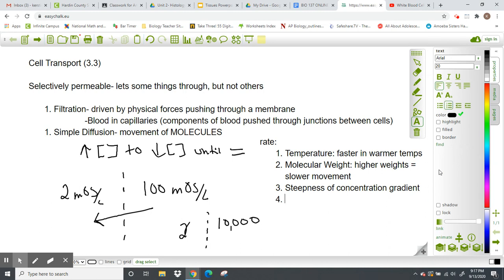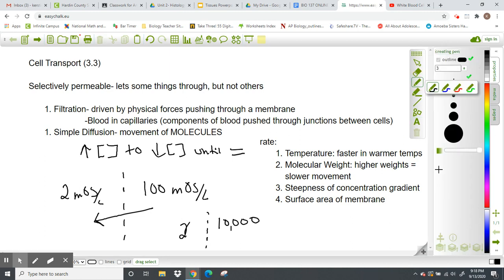What else is also going to affect the rate? It's going to be the amount of surface area of the membrane. So if you have more area in which you can move these molecules across the membrane, it's going to happen much faster. For example, the cells that line your intestines have what we call microvilli, so the margin of the cells is going to look like this.